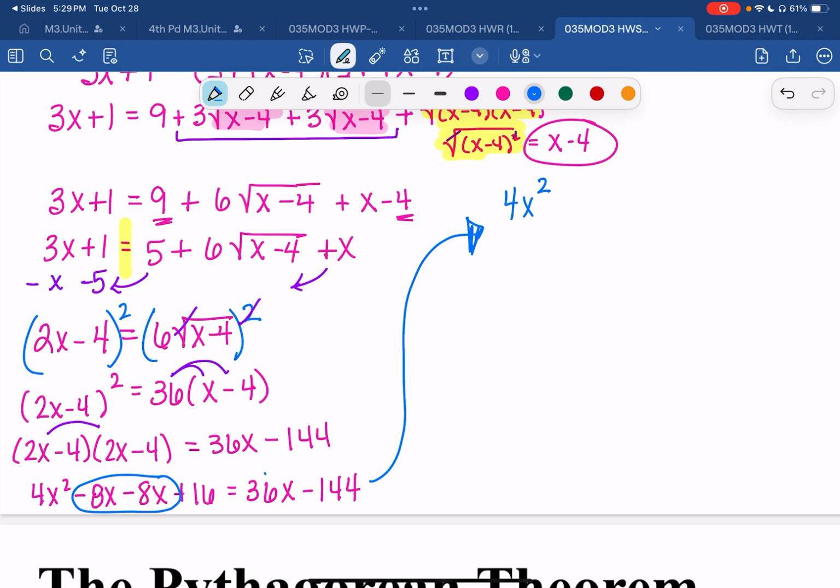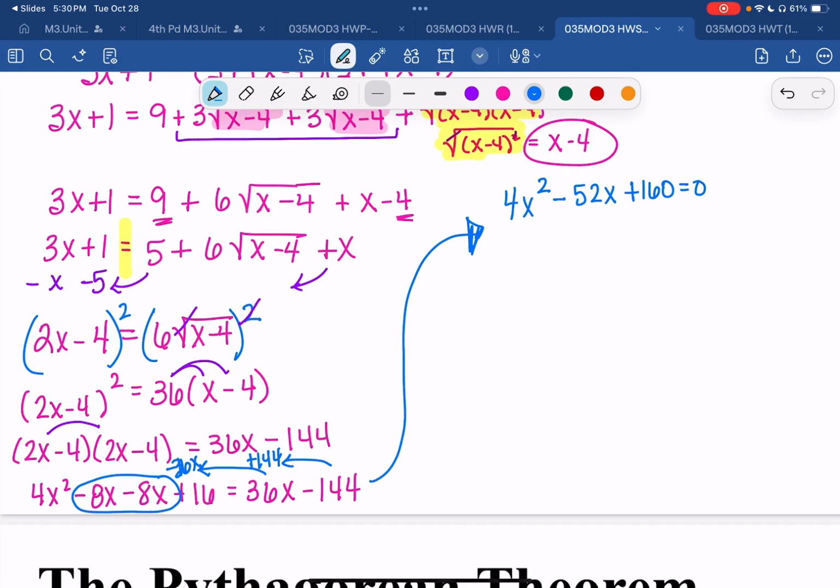I'm also going to move this 36x over and make that negative 36x. So I've got negative 16 and negative 36, which gives me minus 52x. And I've got positive 16, and then I'm going to add 144 over, so that leaves me with plus 160. And now it's equal to 0.